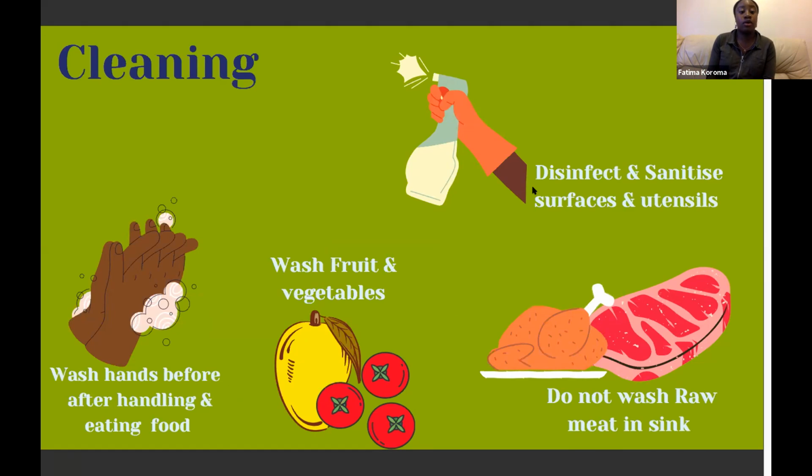Before we handle food and before we eat, we wash our hands, because anything can pass from our hands to the food, especially when someone is feeling unwell and has a sickness. Like the norovirus, that's how it transmits. People that are sick and go cook, and don't wash their hands properly or frequently enough, contaminate the food.